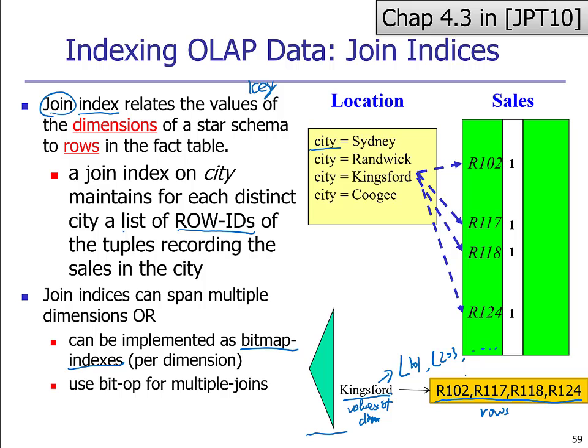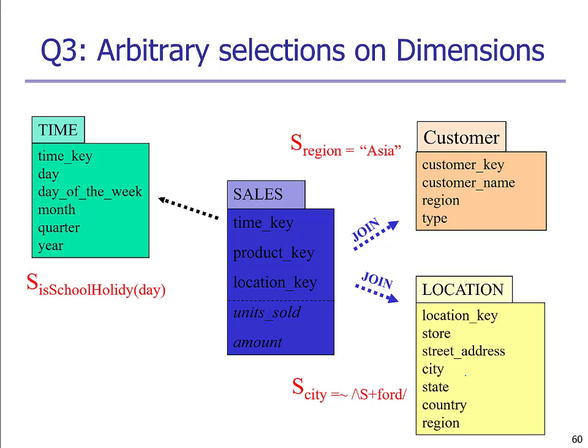All right, so this is the join index, and the next situation is to do arbitrary selections on dimensions. Consider this scenario where we have selection conditions on different dimensions.